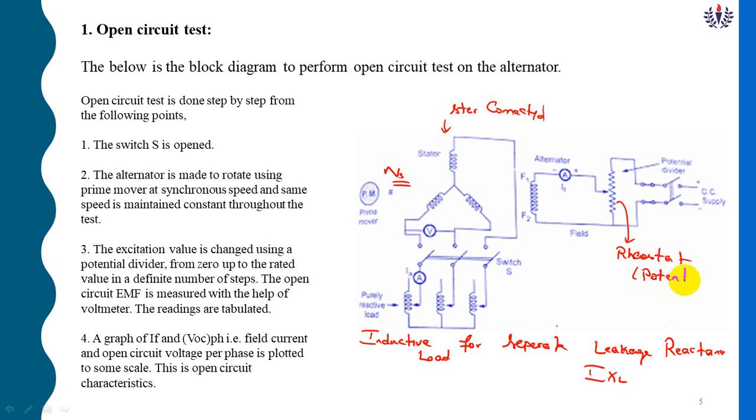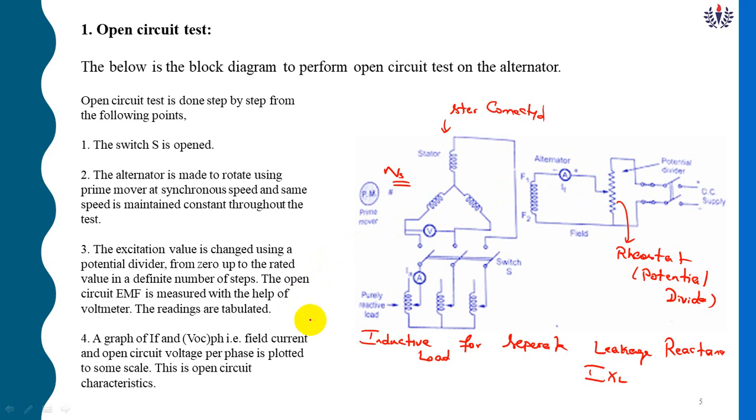In our laboratory we use the rheostat, or we can use a decade resistance box also. By varying this potential divider, we measure the voltmeter and ammeter readings.